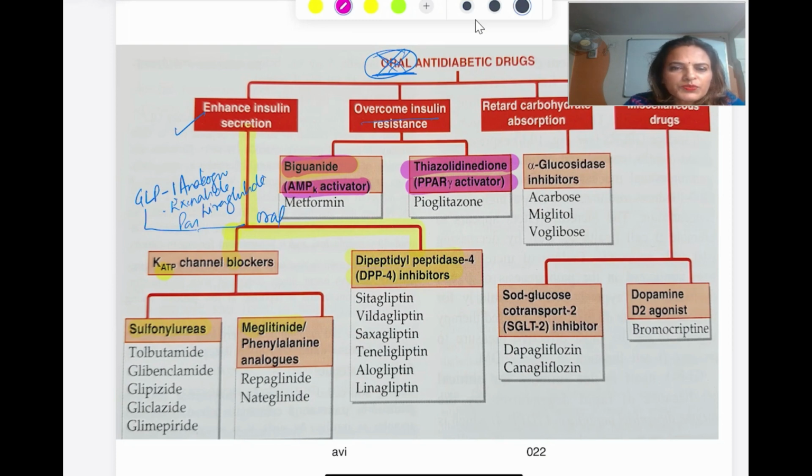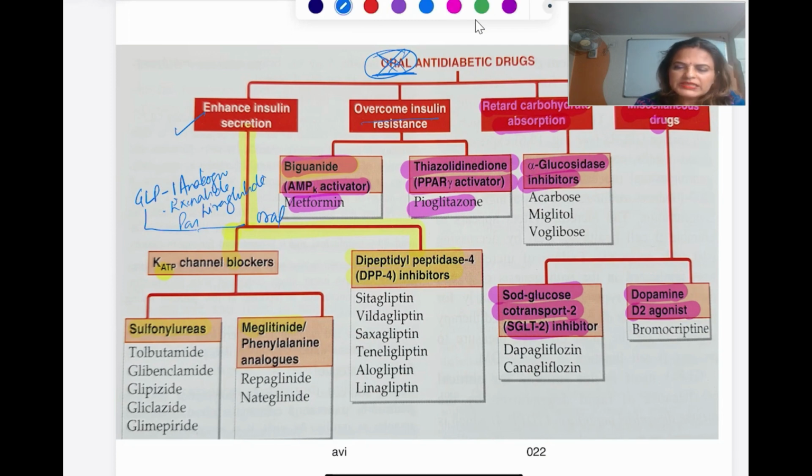The only drugs we use clinically under these are metformin and pioglitazone. Another one is which is going to retard the carbohydrate absorption, alpha glucosidase inhibitor. Then miscellaneous drugs, under that we have SGLT inhibitor and dopamine agonist, that is bromocriptine.